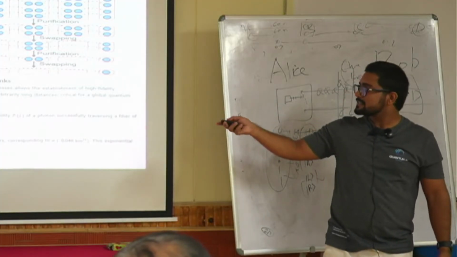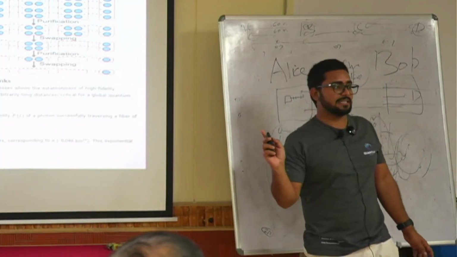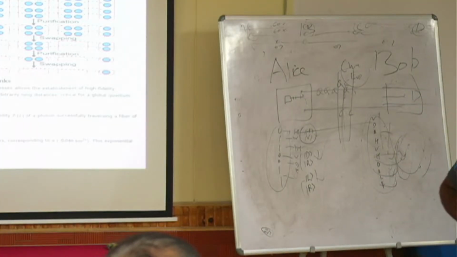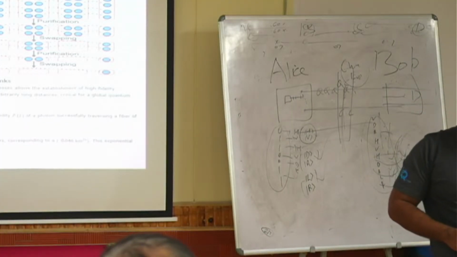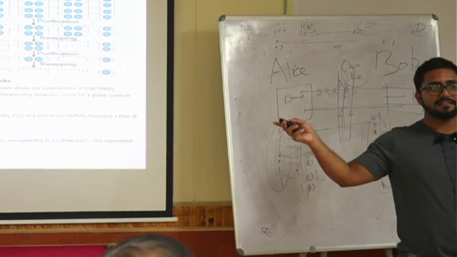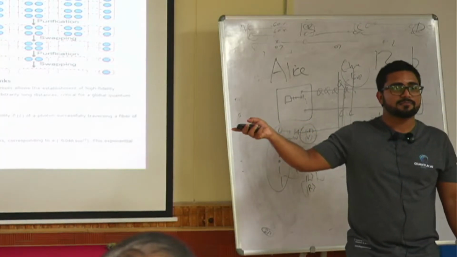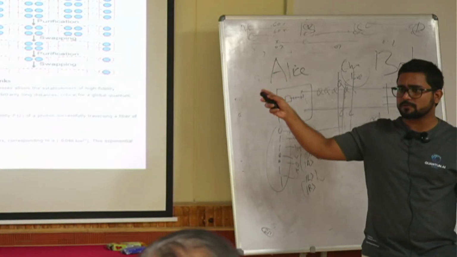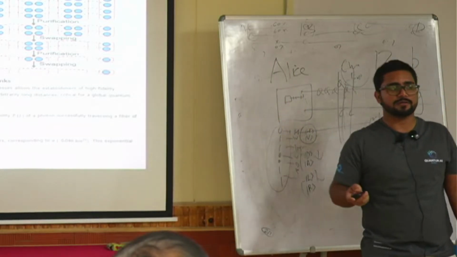So is this clear? Any question on this? Okay. I also discussed the part of quantum internet protocol. So this will be a future quantum internet protocol as well. That's how it will work.